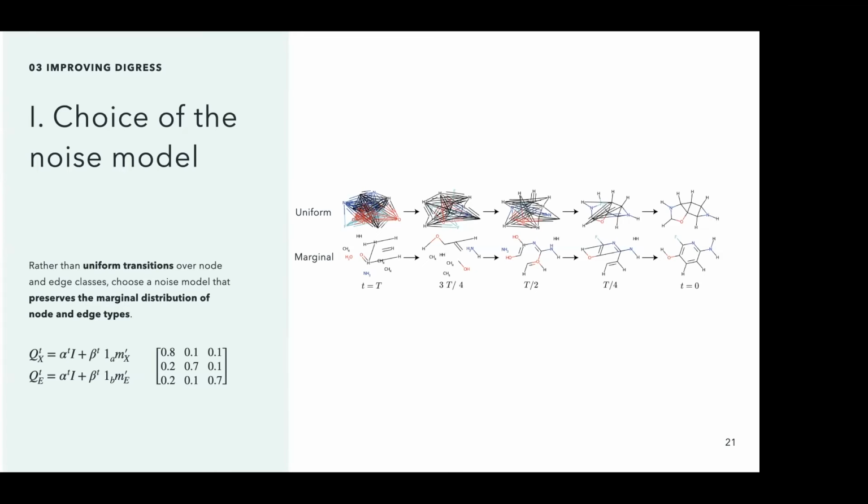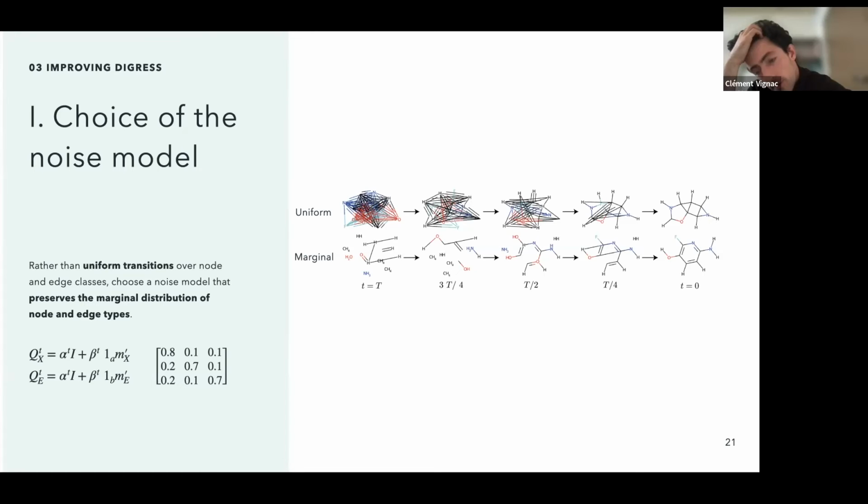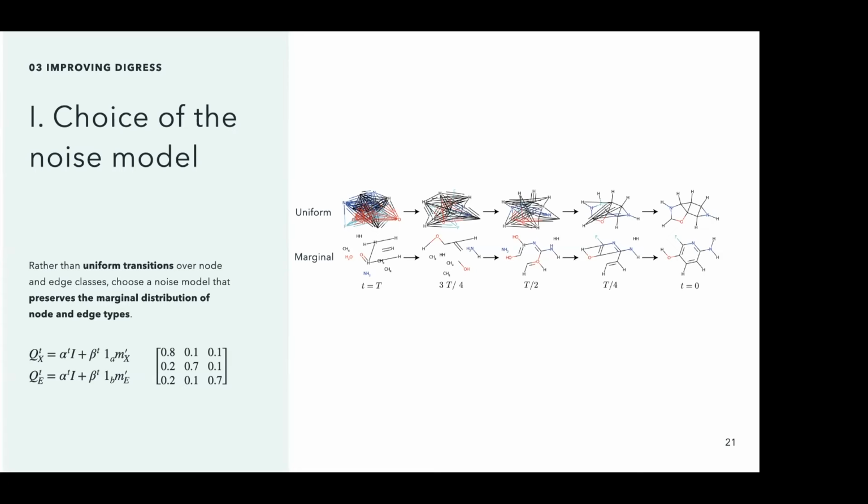So is it necessary to sample the timestamp, or can you just take a single graph and predict every step of it and just predict the clean graph and update the graph transformer? That's one question.